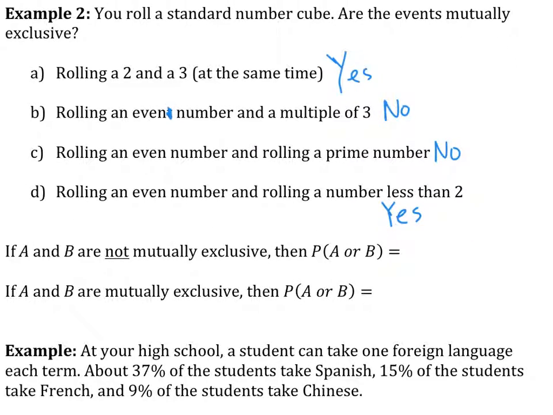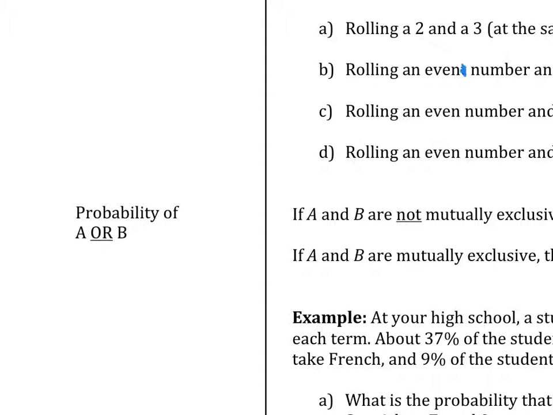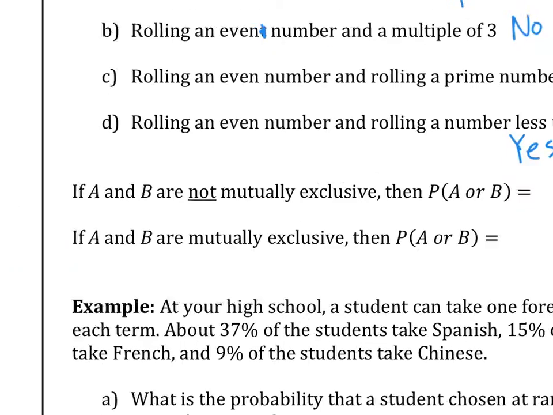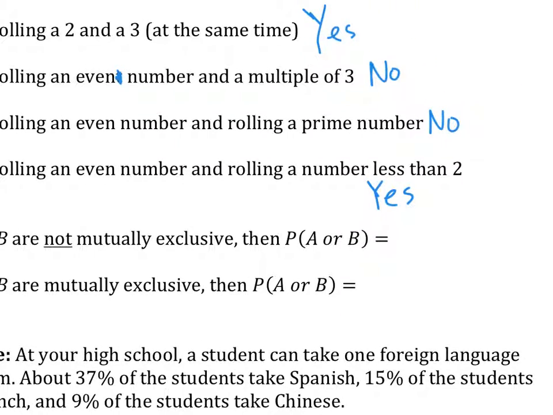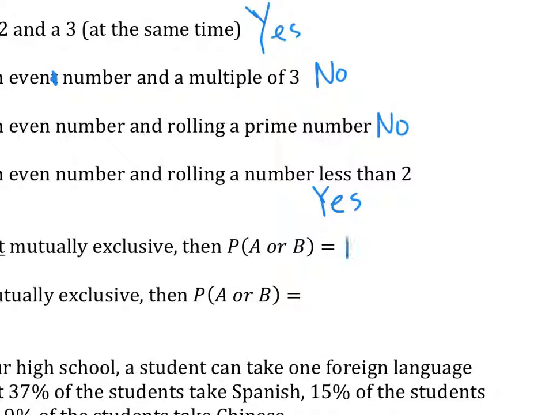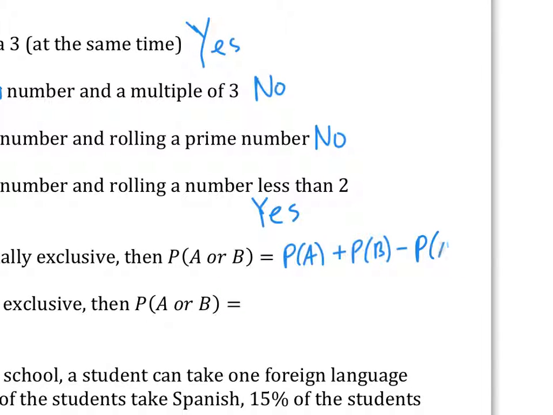Okay, so when you see a probability that's A or B, you have to ask yourself, are these two things mutually exclusive or not? If they are not mutually exclusive, meaning that they can happen at the same time, then A or B happening is probability of A plus probability of B minus probability of A and B. Okay, that formula is a little bit tough, so I'm going to explain why it works.